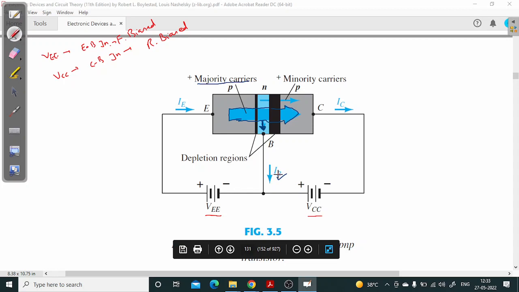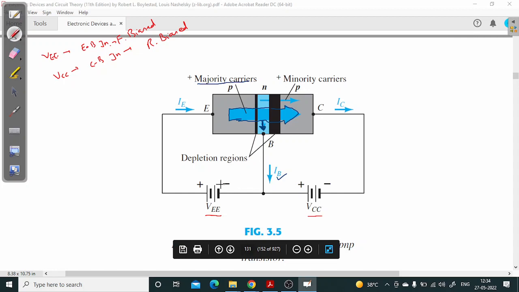So we had this thick arrow going from emitter towards base. Most of the portion went into collector, and a very small portion got deflected and came out through this base terminal. This is the first scene.